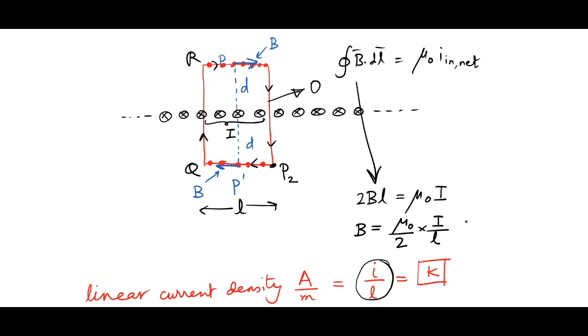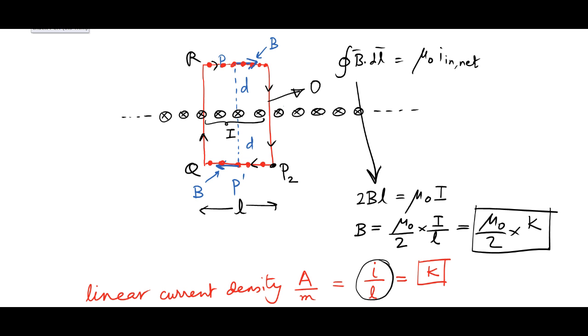It is the current flowing per unit length when that length is held perpendicular to the current. So it's going to be mu naught divided by 2 multiplied by the current density K. Now that's the magnitude of the magnetic field generated by an infinite plane carrying uniformly distributed current.